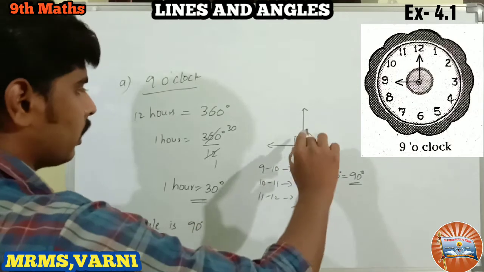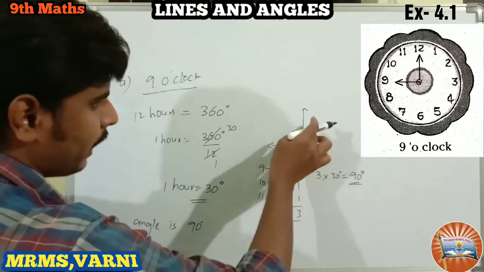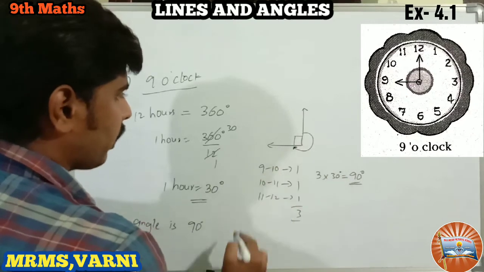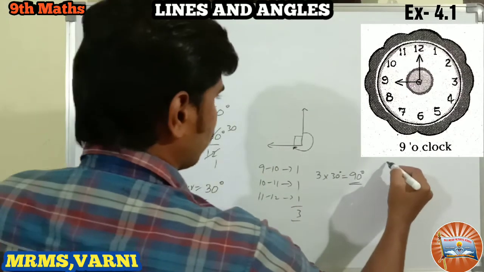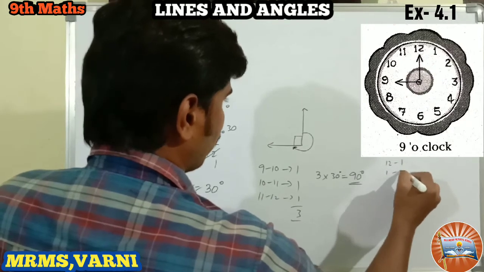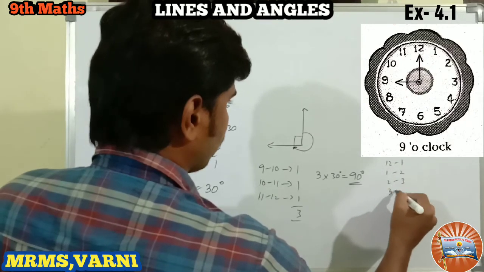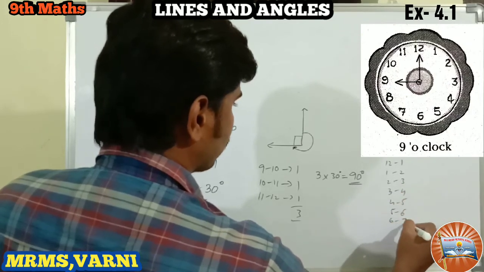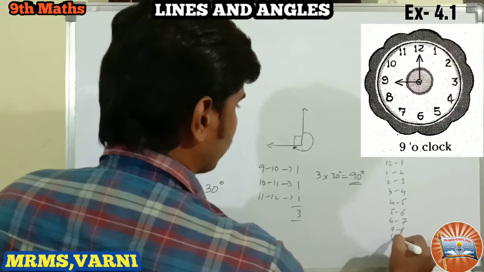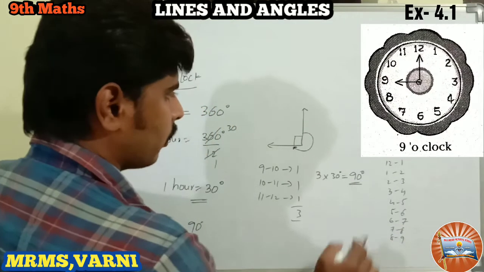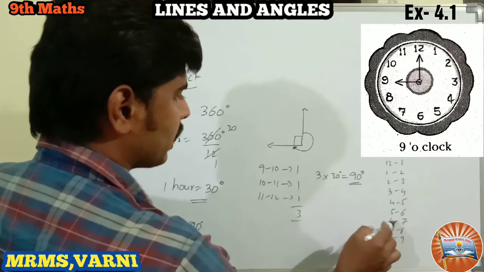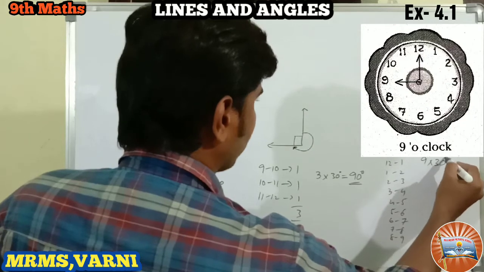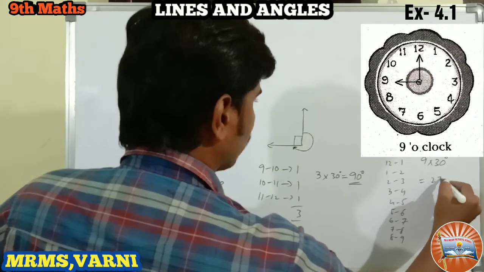If you observe the outside part of the arms, what is the angle? 12 to 1, 1 to 2, 2 to 3, 3 to 4, 4 to 5, 5 to 6, 6 to 7, 7 to 8, 8 to 9, that is 9 hours. So 9 into 30 degrees is 270 degrees.